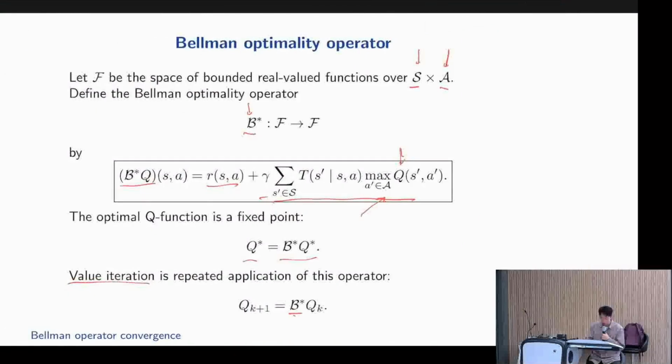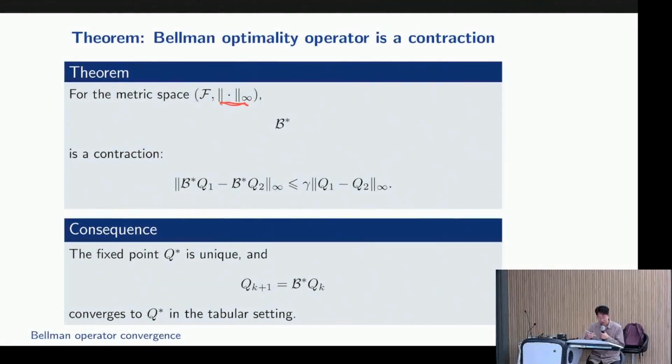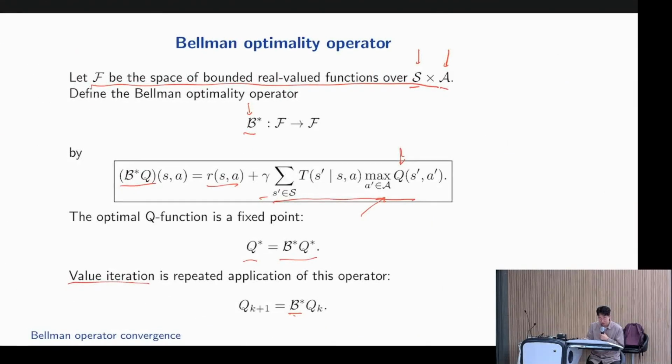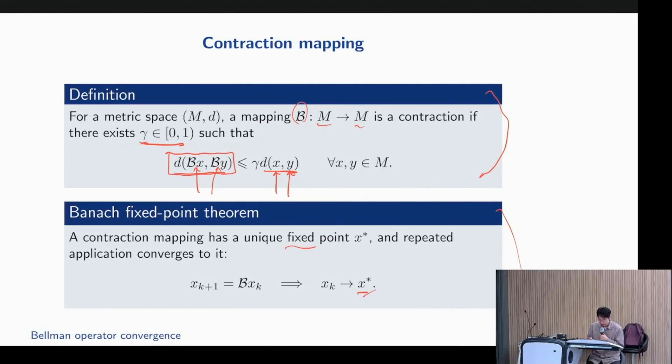For the metric space we define here, bounded real valued functions over state space and action space with the L infinity norm, our Bellman operator is indeed a contraction, meaning the L infinity distance between two Q tables, Q1 and Q2, will shrink by a factor of gamma once you apply this contraction mapping B star. If this is true, then we prove the Bellman operator is a contraction mapping. And if it is a contraction mapping, by the Banach fixed point theorem, it must converge to a unique fixed point.